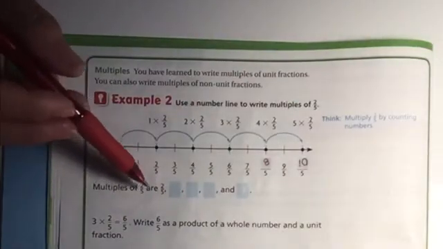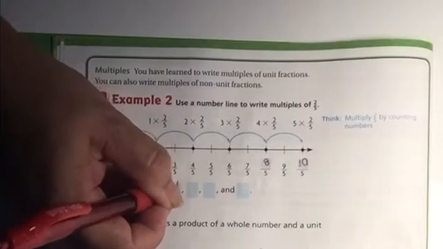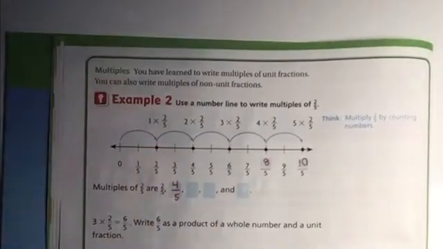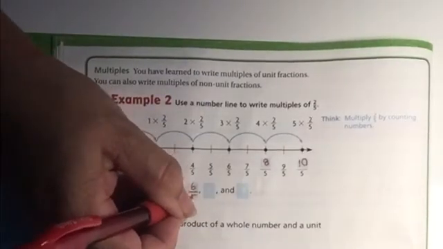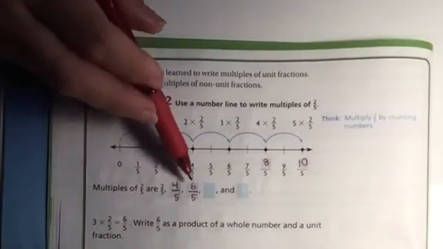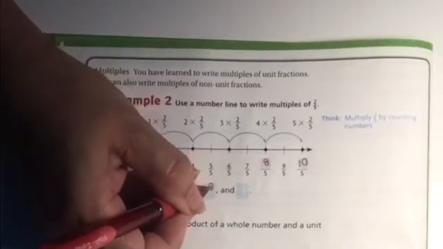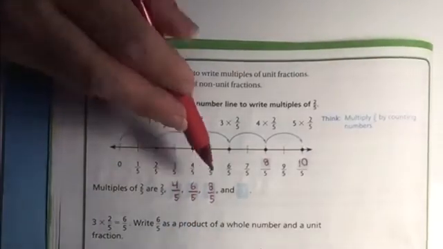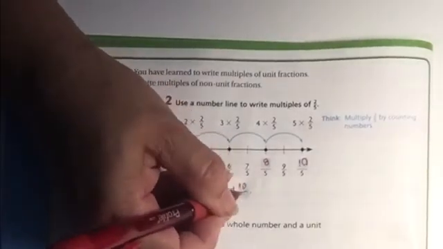So the multiples of 2/5 are 2/5, counting by 2s, 4/5, 2, 4, what would be the next number? You guessed it, 6/5. 2, 4, 6, yes, 8/5, and 2, 4, 6, 8, 10, 10/5.